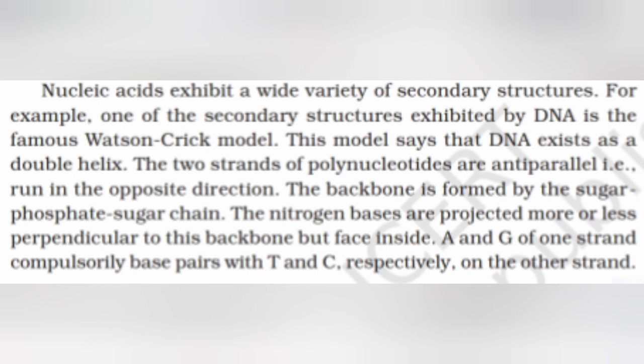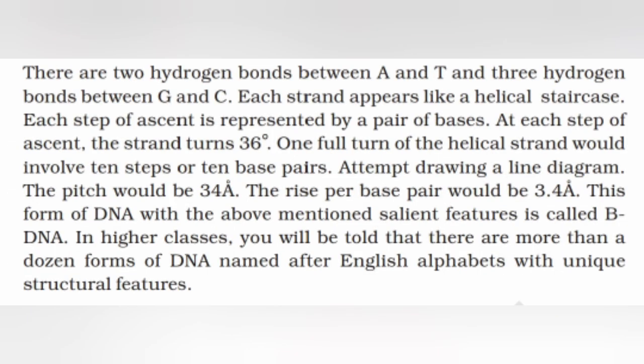The nitrogenous bases project more or less perpendicular to this backbone but face inside. A and G of one strand compulsorily base pair with T and C respectively on the other strand. There are 2 hydrogen bonds between A and T and 3 hydrogen bonds between G and C.